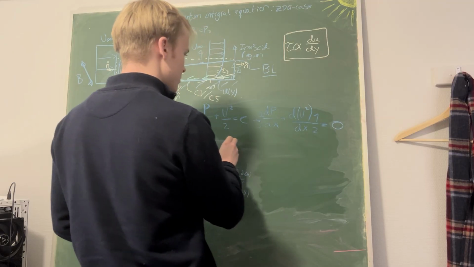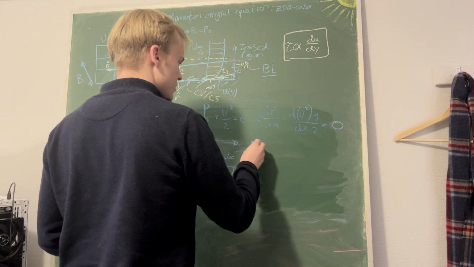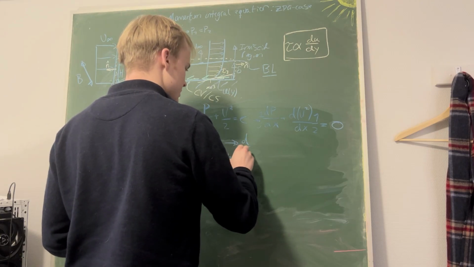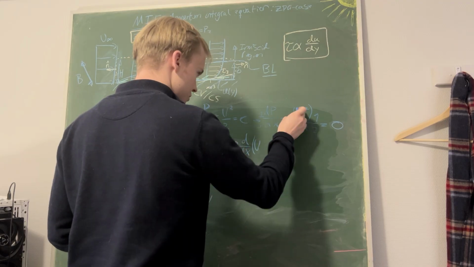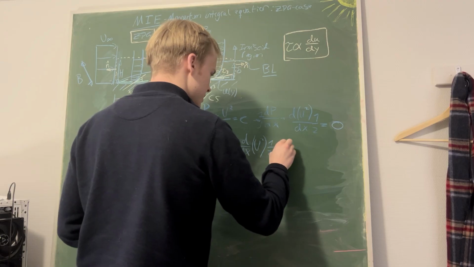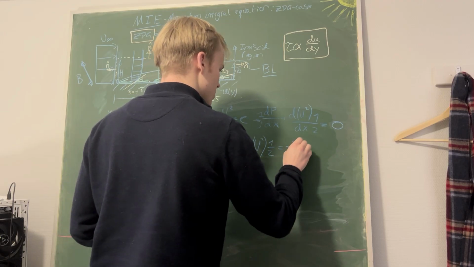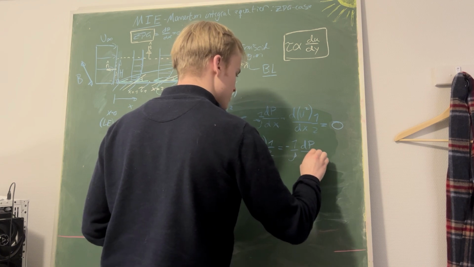So then we move this to the other side and we say that d/dx of u infinity, or u squared over 2, is equal to minus 1 over rho dp/dx.